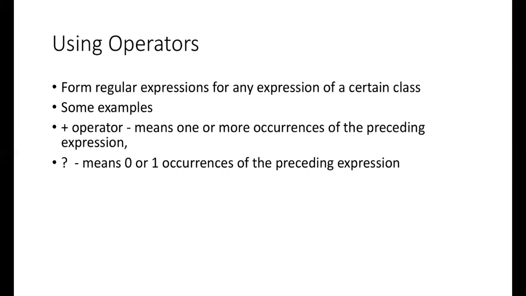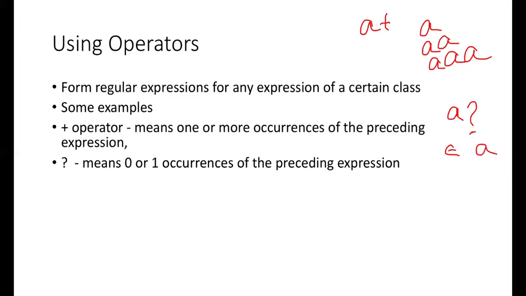If I say A plus, it means one or more occurrences. So I'll get A, I'll get AA, I'll get AAA, and so on. One or more. Question mark means 0 or 1. So if I say A question mark, it may mean the empty string epsilon, or it may mean A. It does not mean any more repetitions.